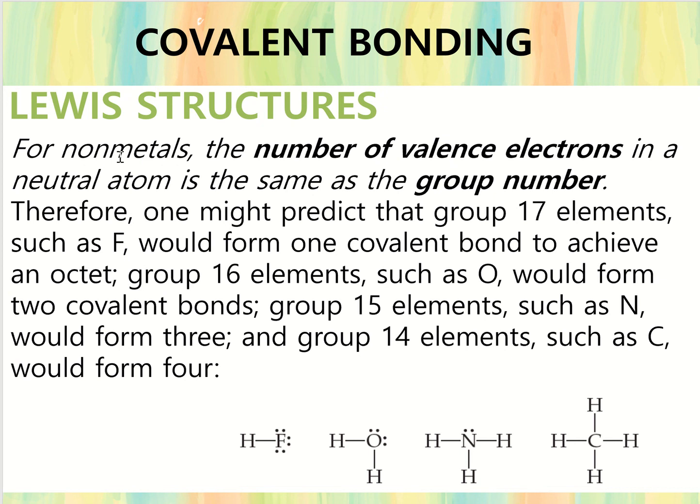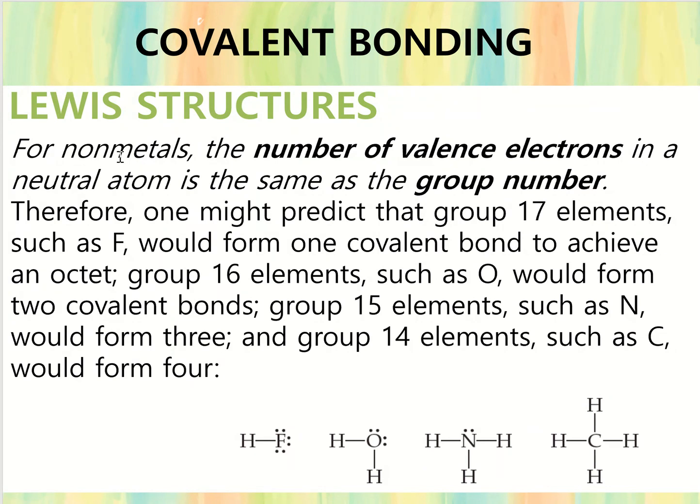So we might predict here that the group 17 elements, or 7, notice here that we go between 17 or 7, such as fluorine, would form one covalent bond to achieve an octet.